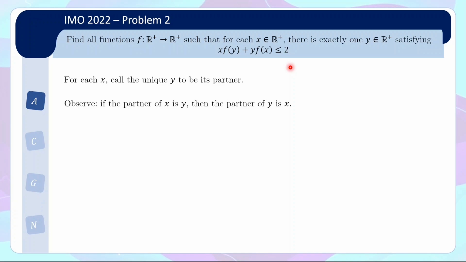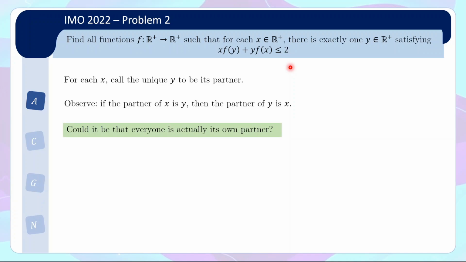It's a bit of a mind twisting, but hopefully you are able to comprehend this observation. So the next natural question to ask is, could it be the case that actually everyone is its own partner? So far we say if the partner of x is y, but the partner could be itself. Y could be x.